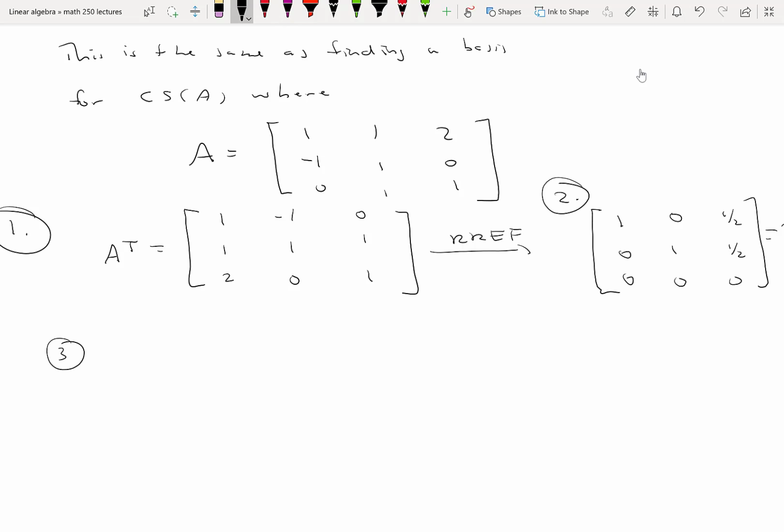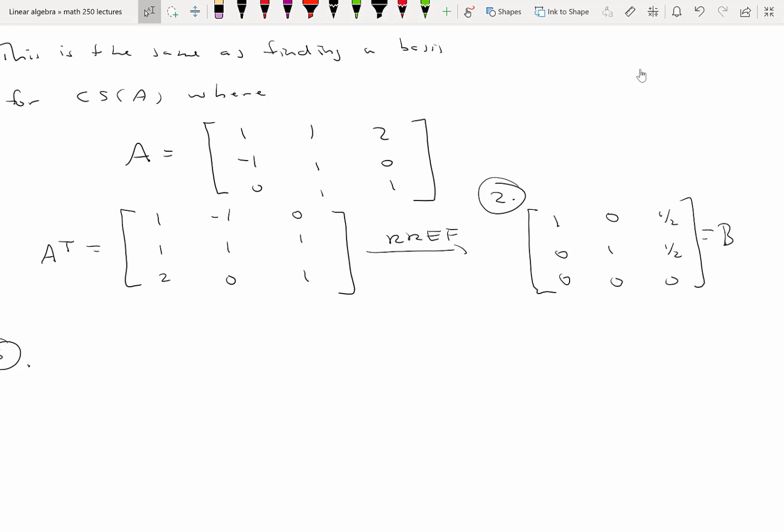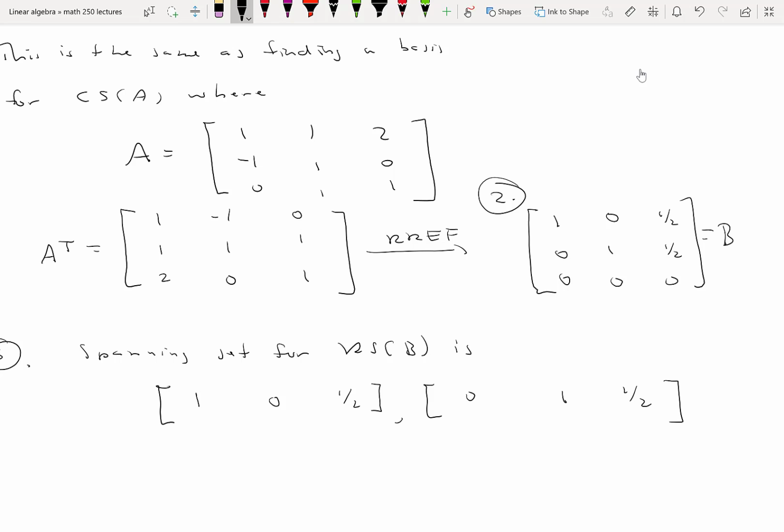Step 3. Find a spanning set for the row space of B. So a spanning set for the row space of B is the row vectors 1, 0, and 1/2, 0, 1, and 1/2, and that's it.